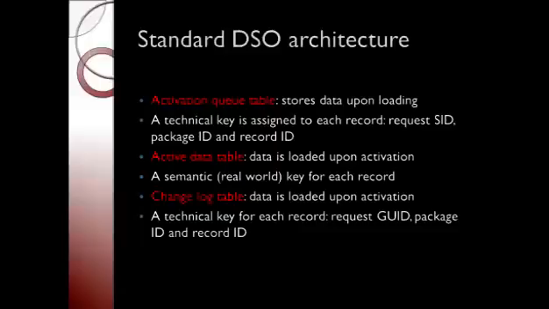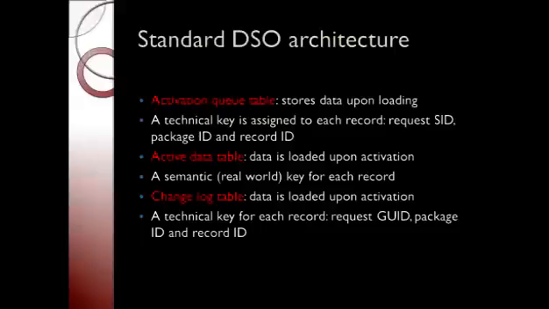As you may have noticed, the technical key here is very similar to the one used in the activation queue table. Okay, in fact, the only difference is in the first field, where you have request SID in the activation queue table, and you have request GUID in the changelog table.